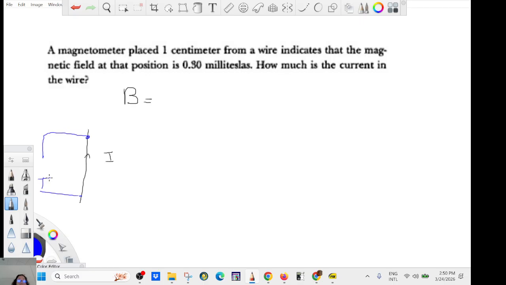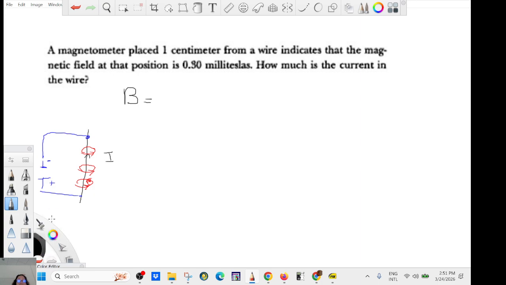That's going to be your plus, that's going to be your minus, and you're going to have a magnetic field going this way. You take your right hand, it's going to circle this way. We already did that. It should go this way.